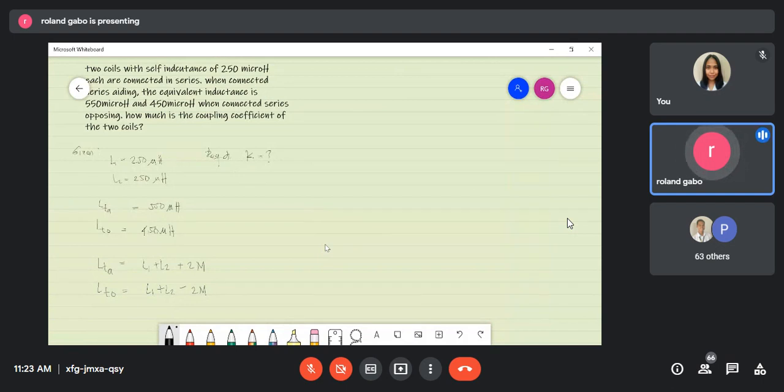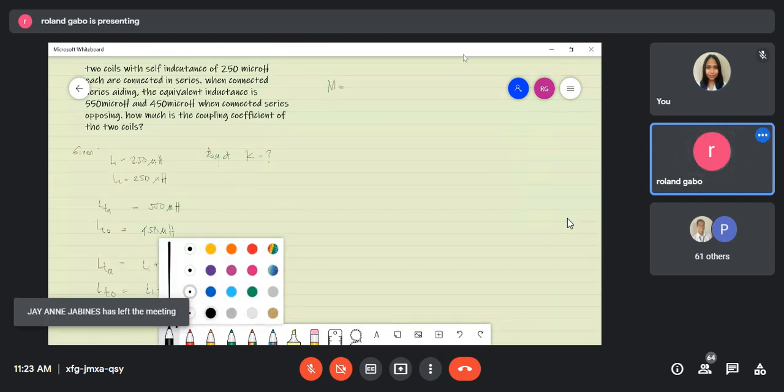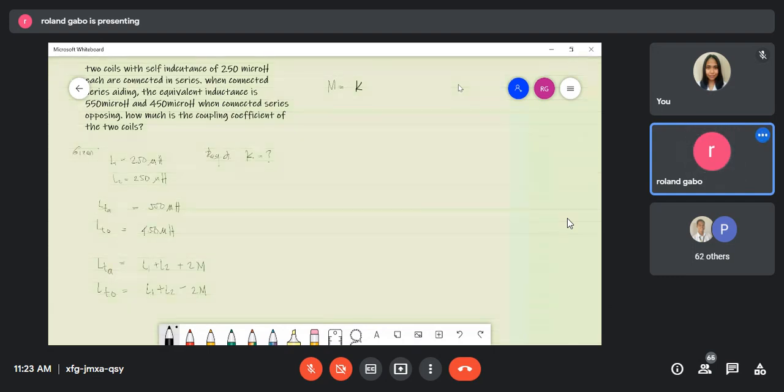Then, the only way nga masolve na to ang K is with this formula. M is equals to K the square root of L1 times L2.